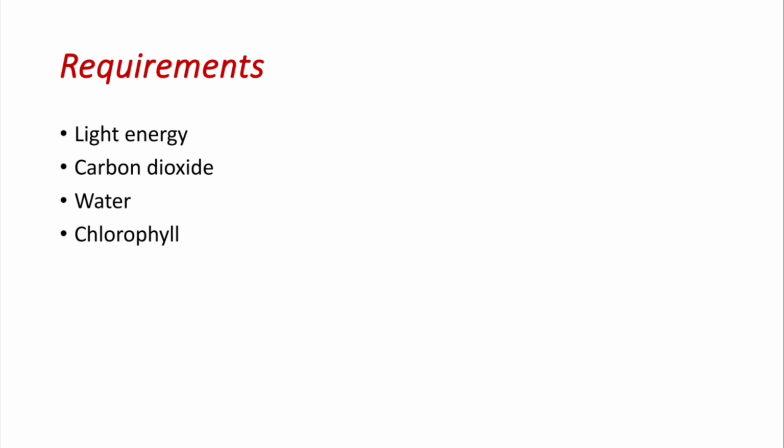And in that chloroplast, you're going to find this green pigment, which is chlorophyll. And what chlorophyll does is that it traps light energy for the process of photosynthesis. Otherwise, these are the 4 requirements for photosynthesis to take place. Once these are available, photosynthesis takes place.